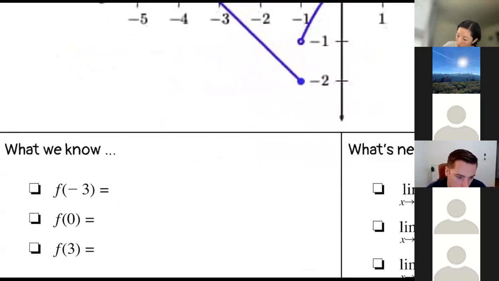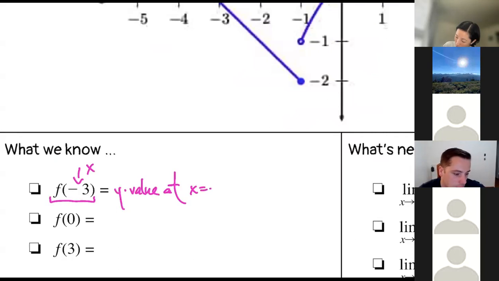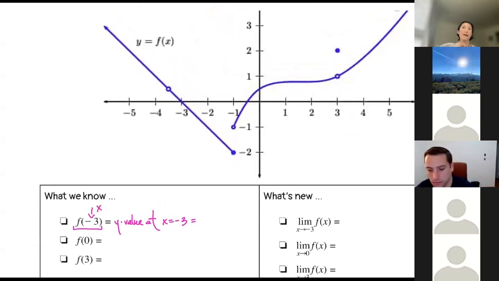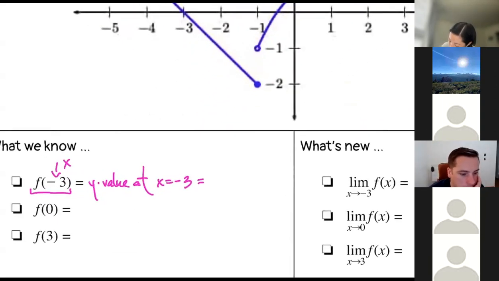So one thing that we want to note here is that this is an x value, and altogether, this is asking for the y value at x equals -3. And let's go up to our graph. And what would we say that that value is? At x equals -3, 0. Oh, saw it, Jenny, thank you. So the y value at x equals -3 is going to be 0, okay?